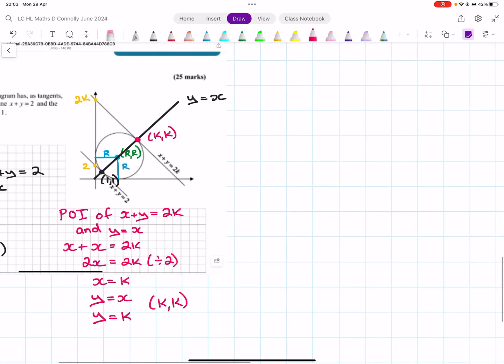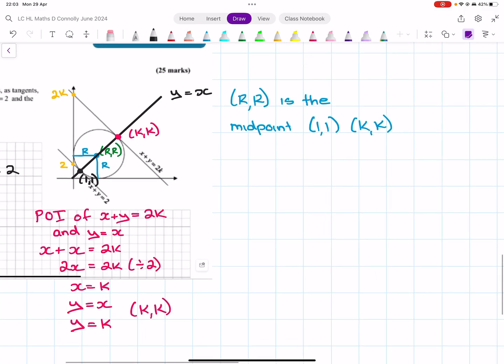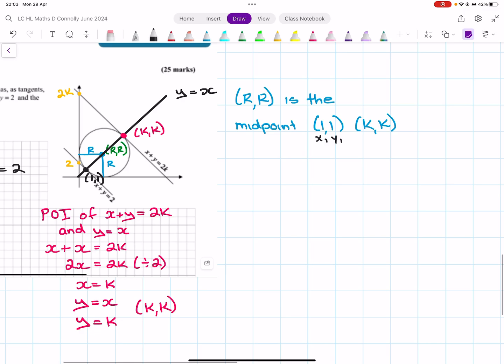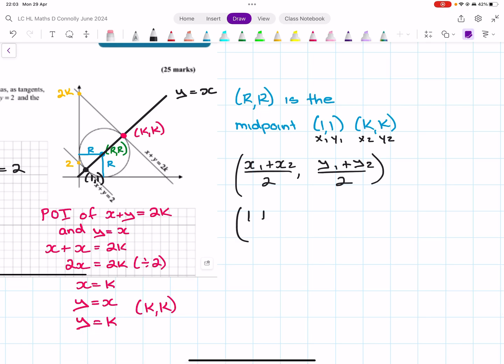Now, can you see that (r, r) is the midpoint? If both of those are tangents, then (r, r) is the midpoint of (1, 1) and (k, k). So if I do x1, y1, x2, y2 and use the midpoint formula, sorry, I can't quite see where this is going to go yet.